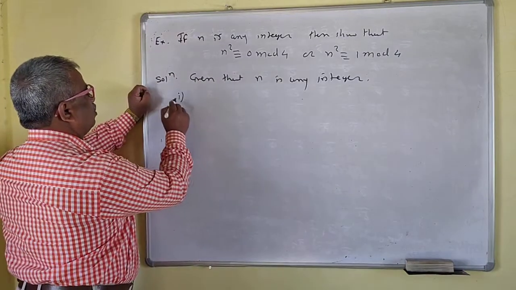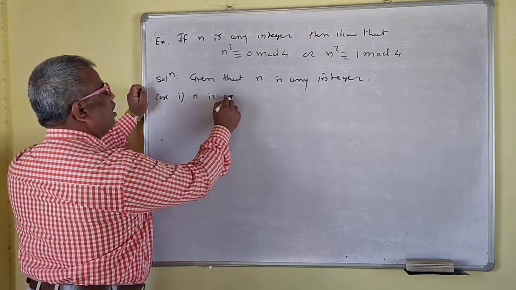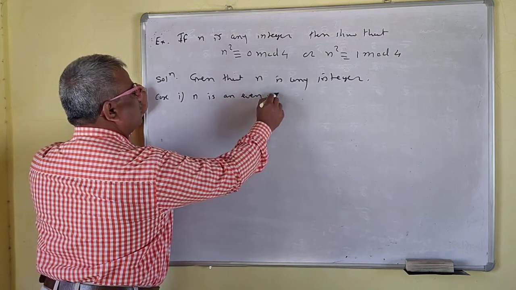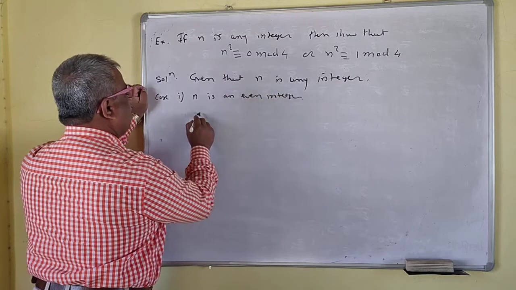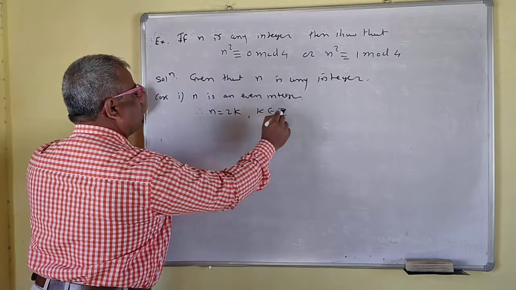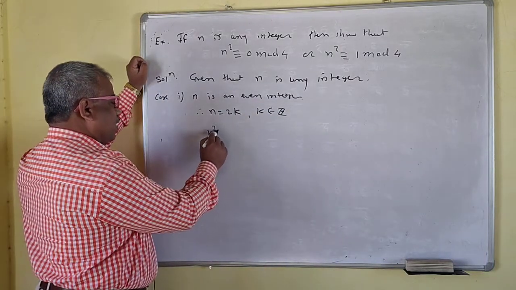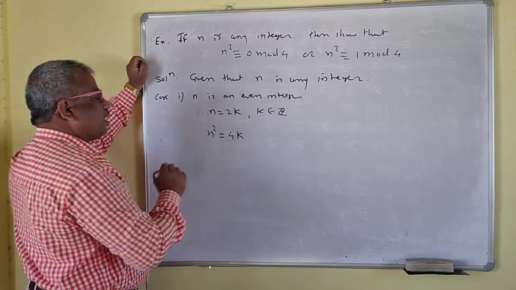So case 1: n is an even integer. Therefore, n is the same as 2k, where k belongs to Z. So therefore, n square is the same as 4k square.